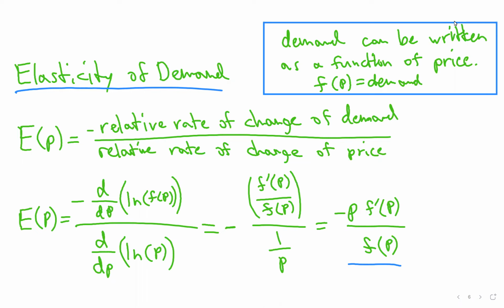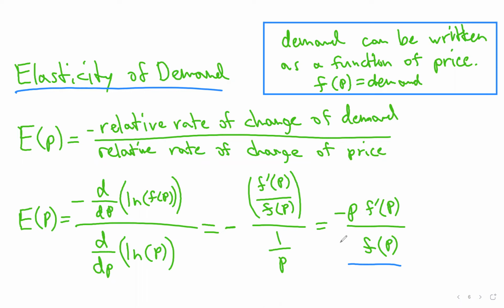We can flip that 1 over p and multiply by the reciprocal to get 1 in the denominator and a new formula in the numerator, which simplifies to negative p times f prime of p all over f of p. This end result is what we're really looking for: E of p, our elasticity of demand.